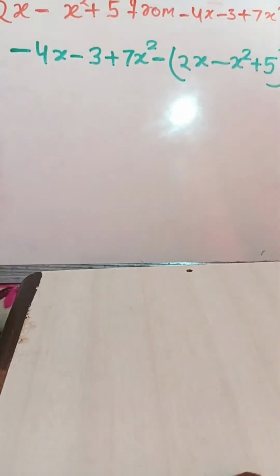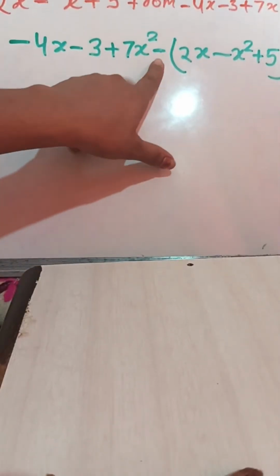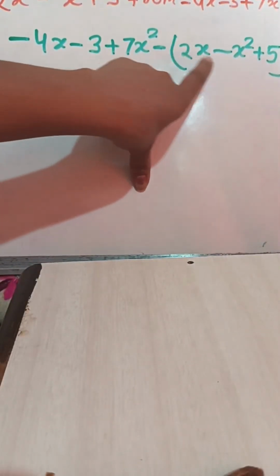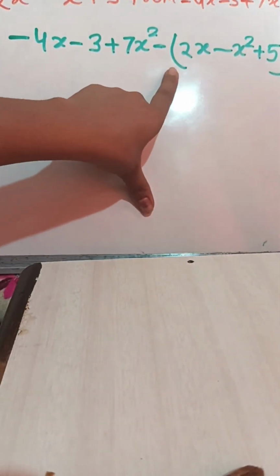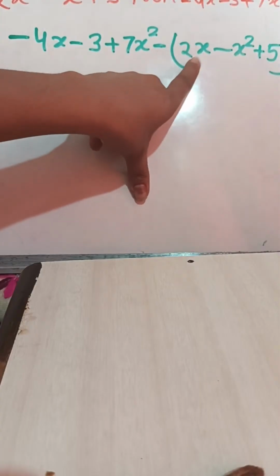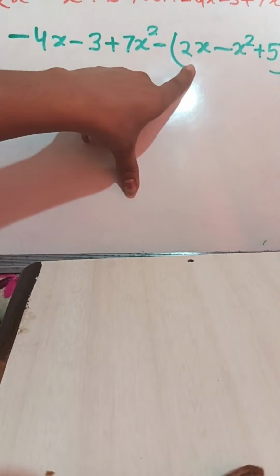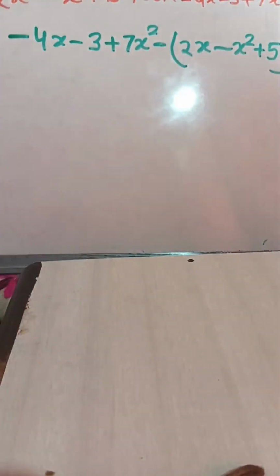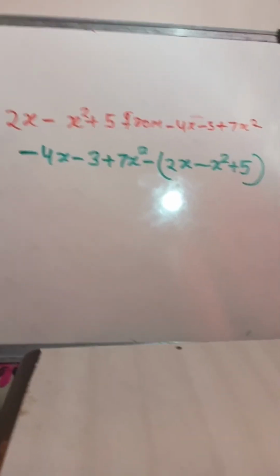Now how do we solve this? Here we have a minus sign, so we change the internal signs whenever we open the bracket. This minus will multiply with all the terms, this and this, with all the numbers.